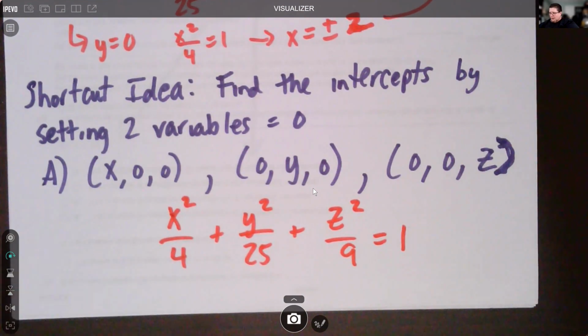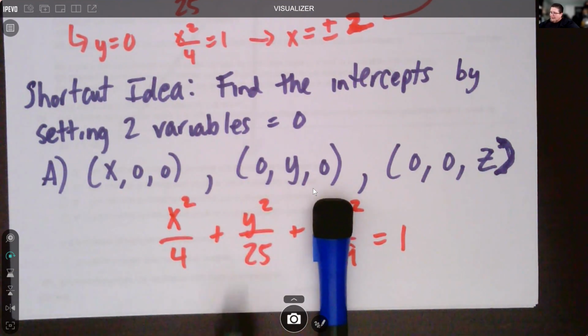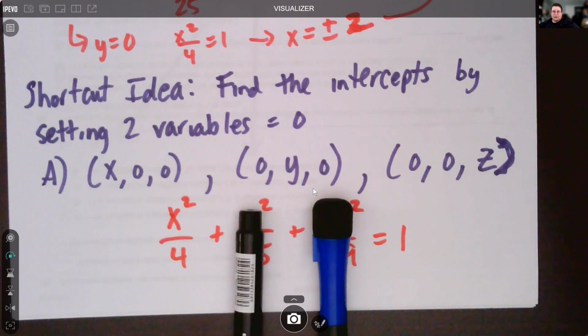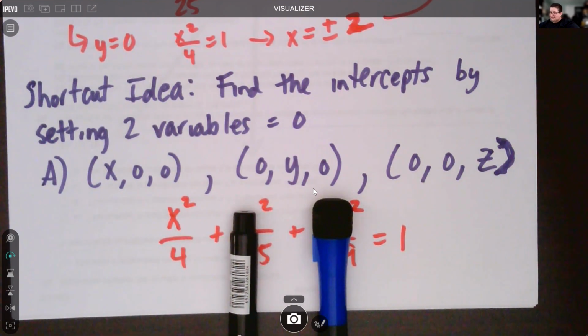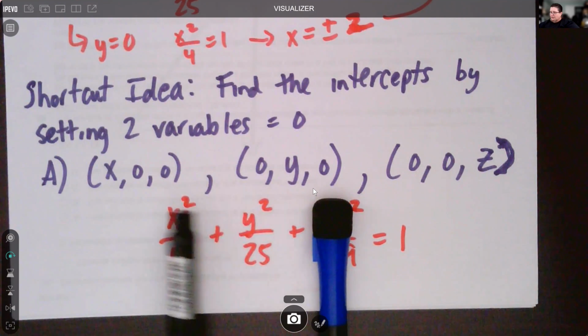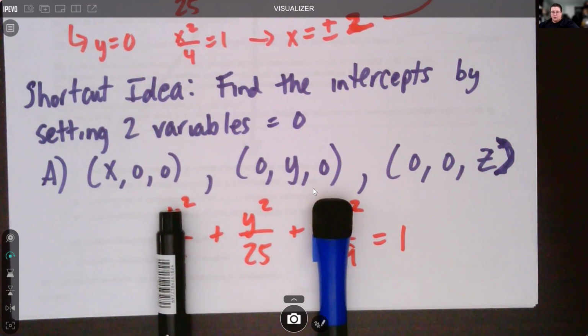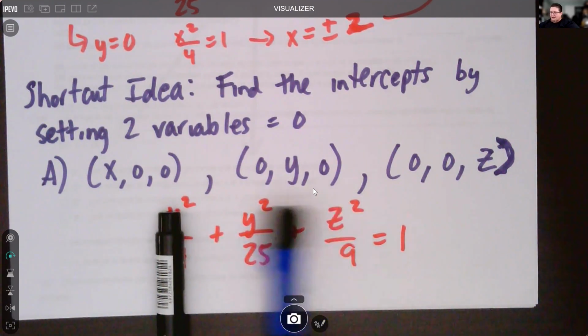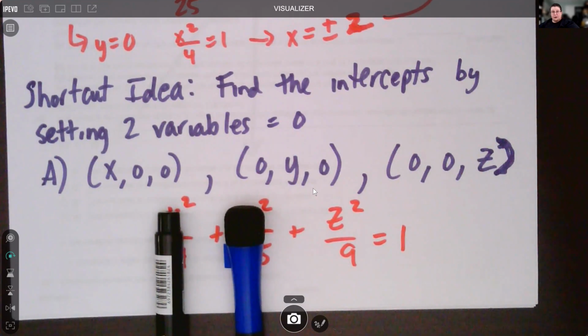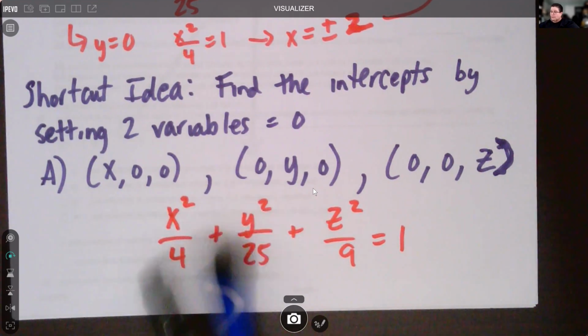So if I just zero out two of the values, I can find something along the axes. If I zero out the y and z, I just jump straight to finding out what's going on in the x-axis. If I zero out the x and z, I find out what's going on along the y-axis. And if I zero out x and y, I find out what's going on along the z-axis.